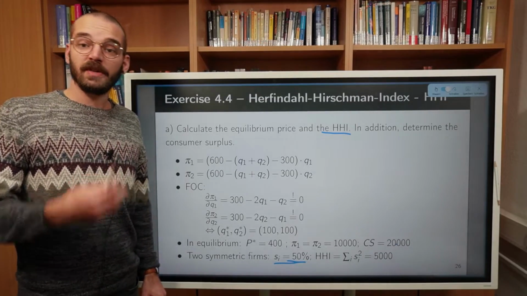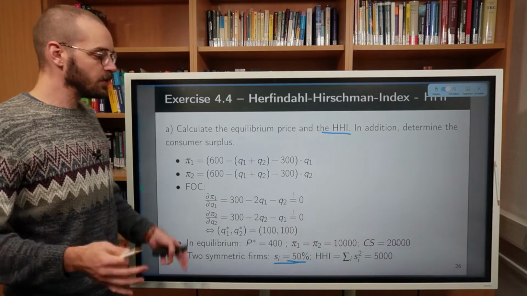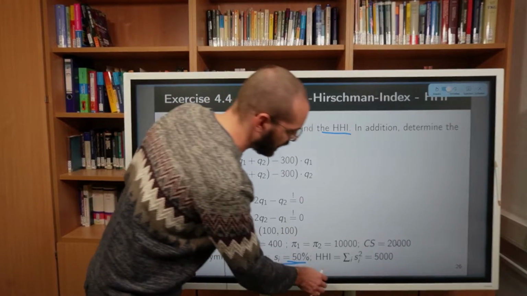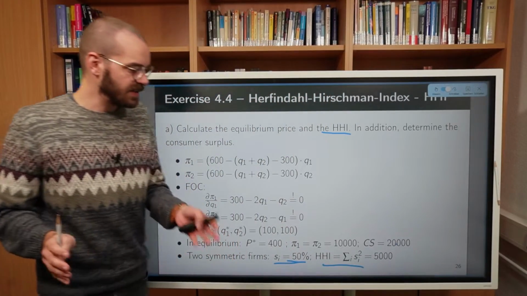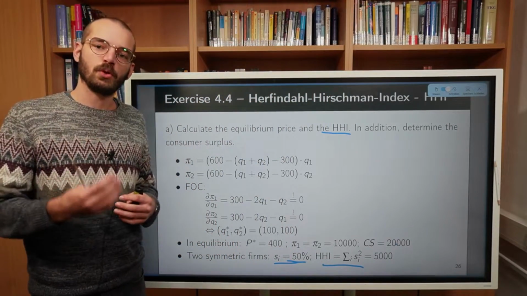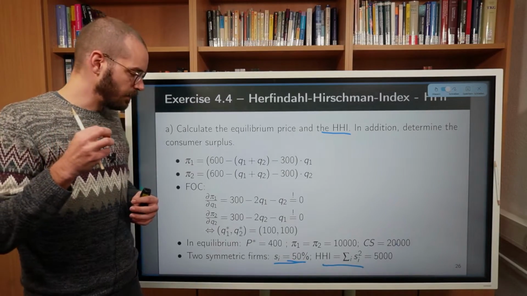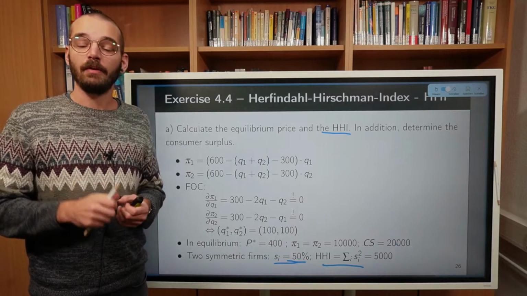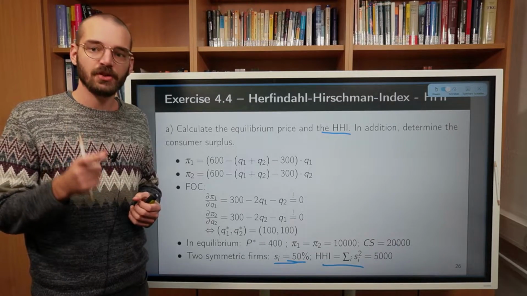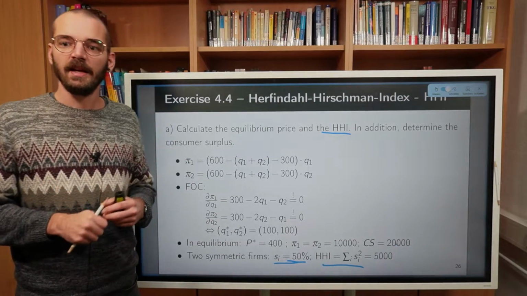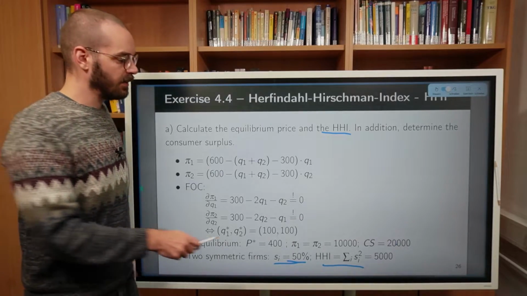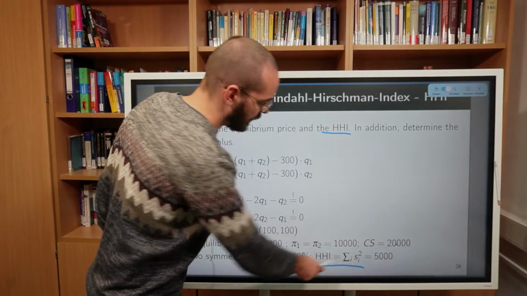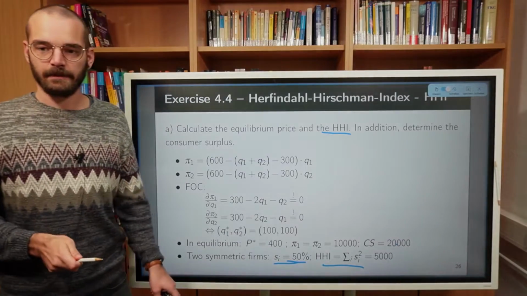Now, in order to calculate the HHI, of course, we need to know how this index is defined. This index is defined as simply the sum of the squared market shares. And throughout this lecture series, this whole course, we will consider the market share written in percent.